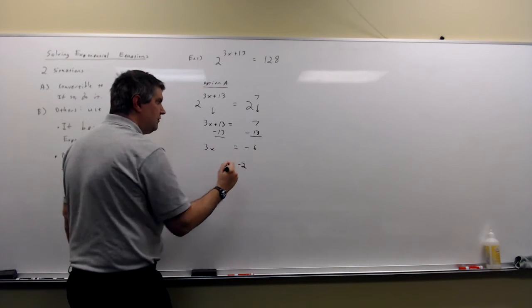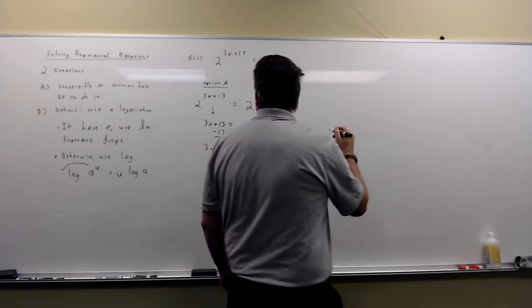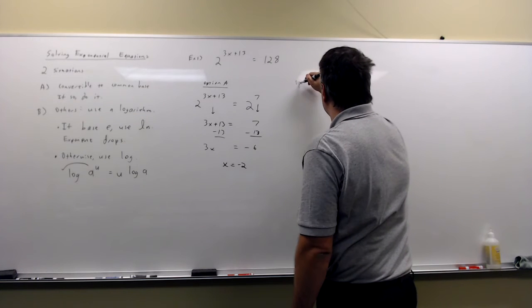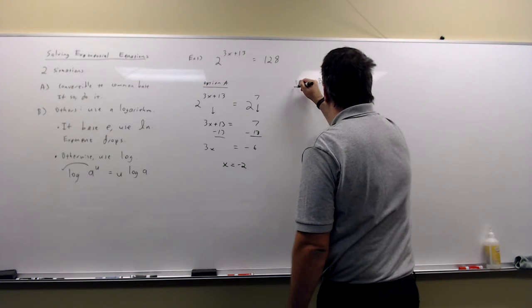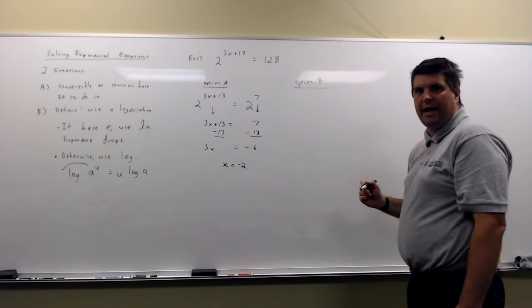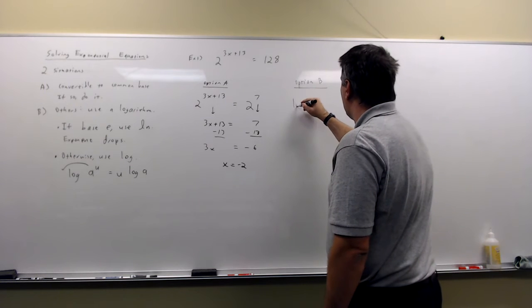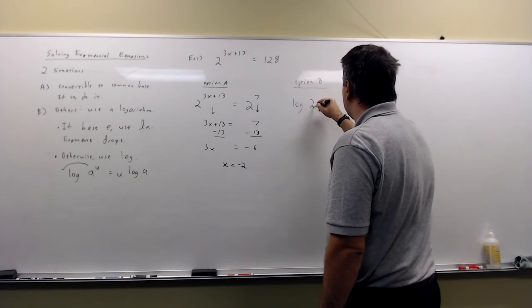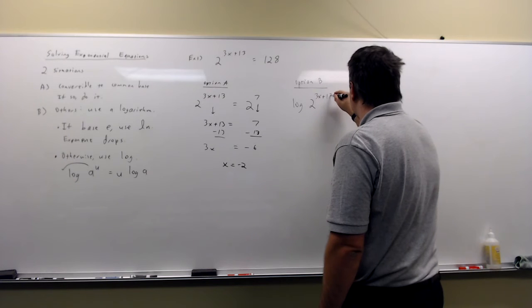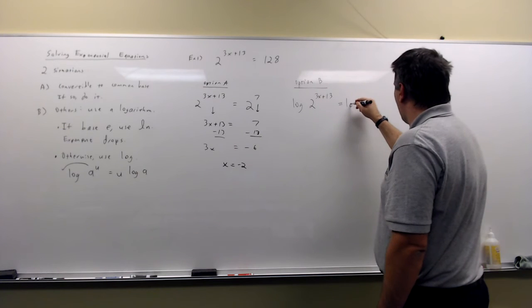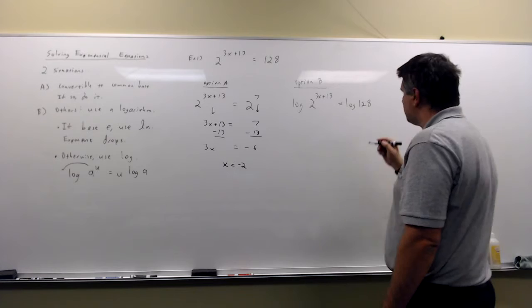X is negative 2. Now, what would have happened if we had used a logarithm? Well, here's what we would have done. Log of 2 to the 3x plus 13 equals log of 128.